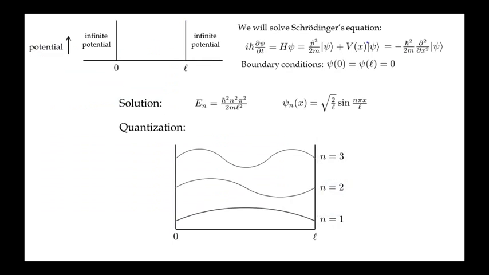we solved Schrödinger's equation for a free particle, which was confined with these boundary conditions that psi of 0 equal to psi of L equal to 0. And then we got this quantized solution. So first of all, we saw where this quantization of energy comes from.